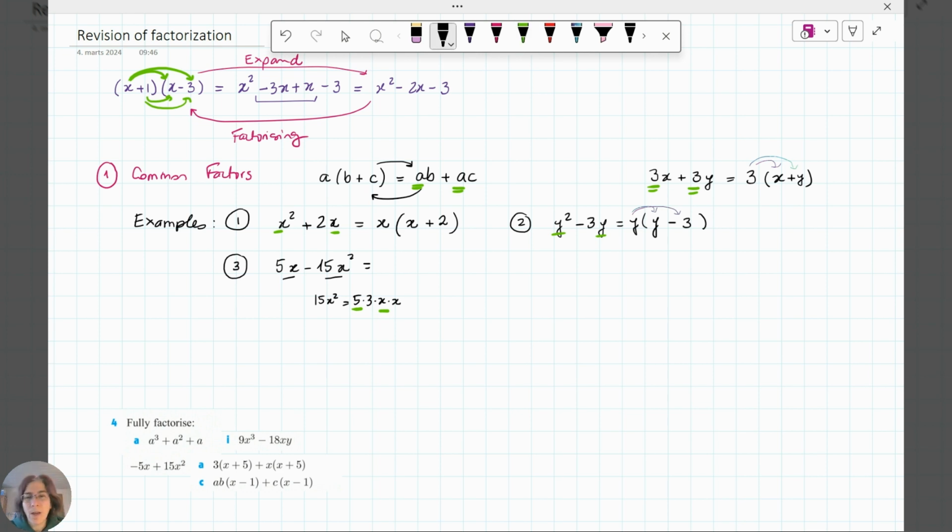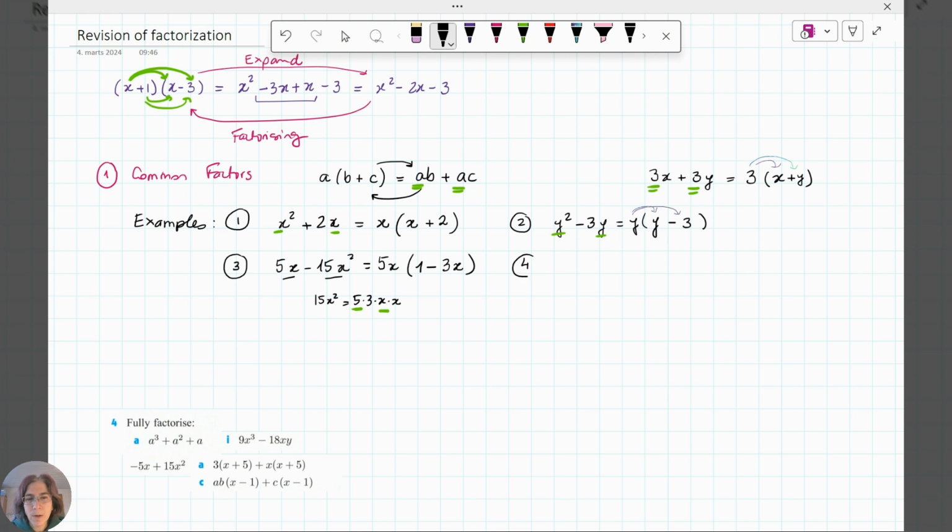So if I take 5x as common factor, inside the bracket I'm going to have, well, 1. So when we multiply 5x times 1, we get the first term 5x, and then minus, because we have a negative sign in the middle between the two terms in the original expression, and then we need 3x. The 5 multiplied by the 3 will give us 15, and the x multiplied by the x gives x squared.